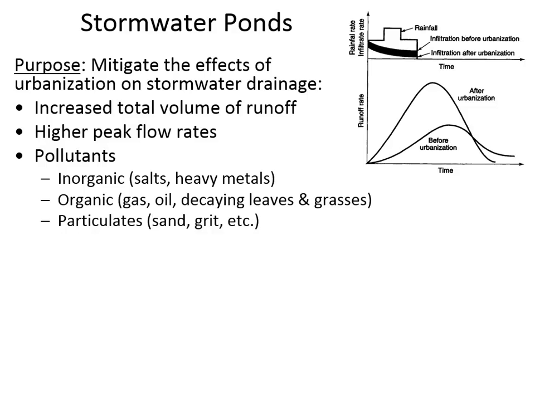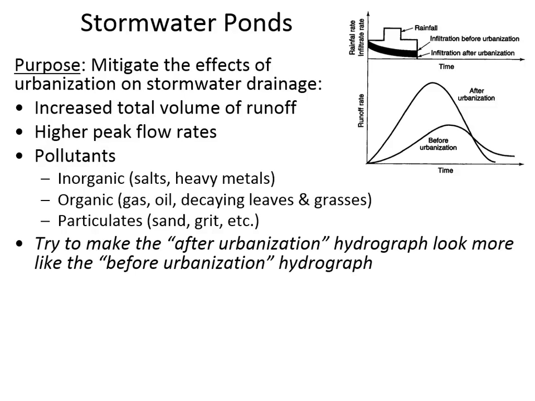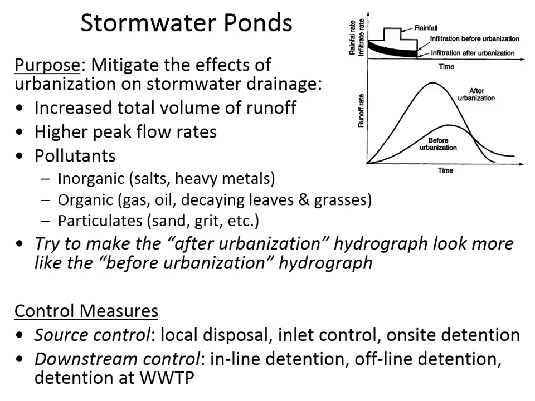We also want to try and avoid the environmental degradation that comes from a variety of different pollutants found in urban environments. So we want to make it more like it was before. And so we can do that at the source by mandating that a new development dispose of their water locally, instead of allowing a company to discharge its stormwater to a ditch that's near their business.